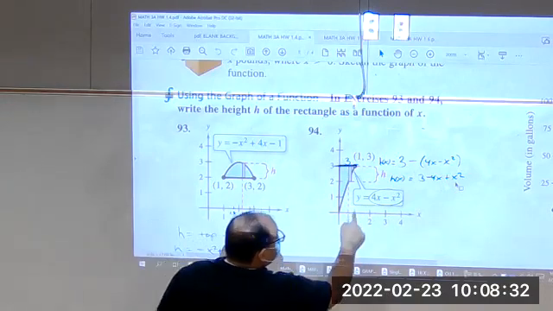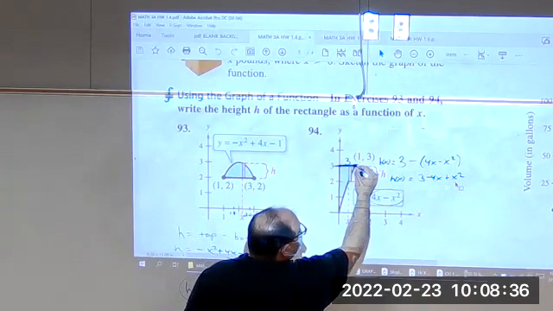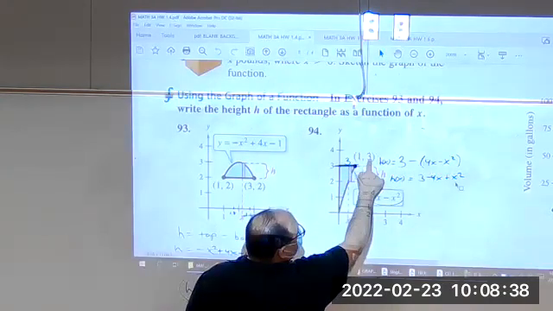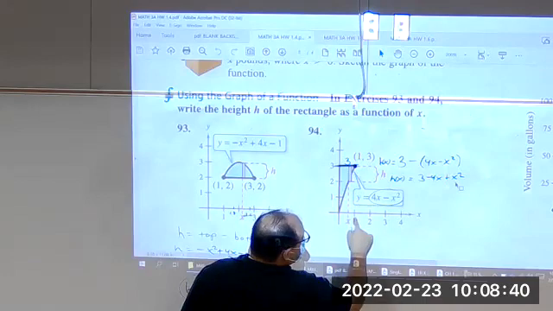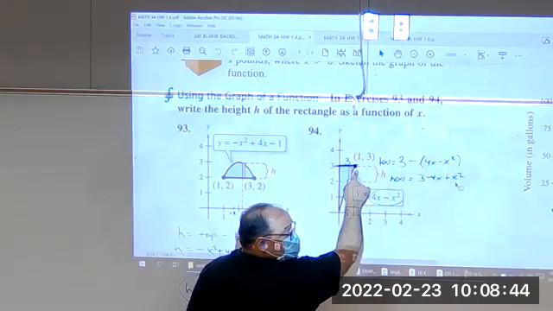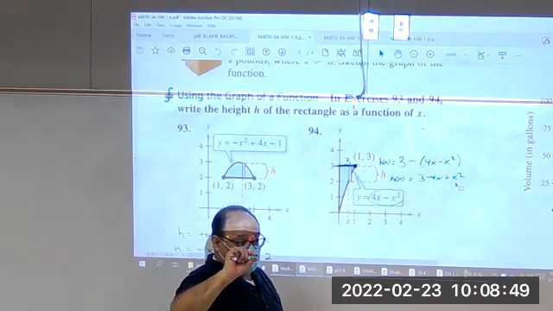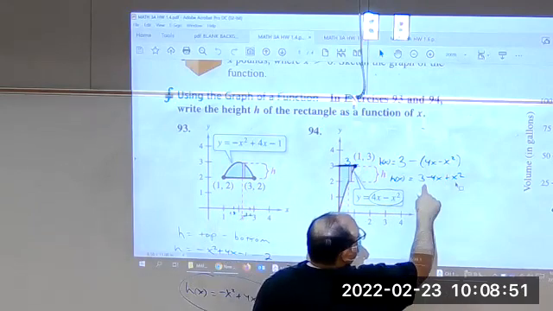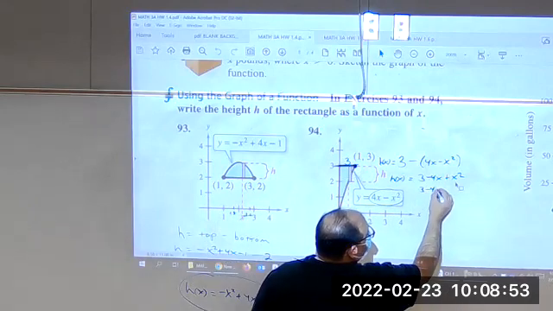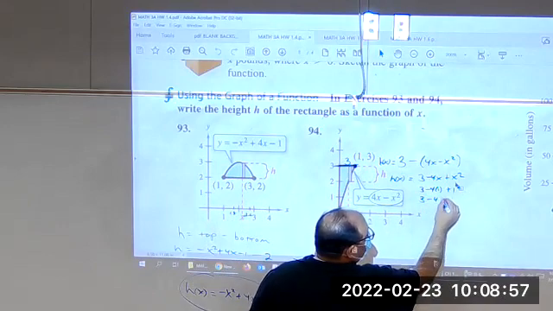Now, exactly at 1, the answer is 0. Because right here, when you plug in 1, the y value is 3, and it looks like down below, when I plug in 1, I should also get a 3. 3 minus 3, top minus bottom, gives me a height of 0 at that one point. Plug in 1. 3 minus 4 times 1 plus 1 squared. 3 minus 4 plus 1, negative 1, but yep.